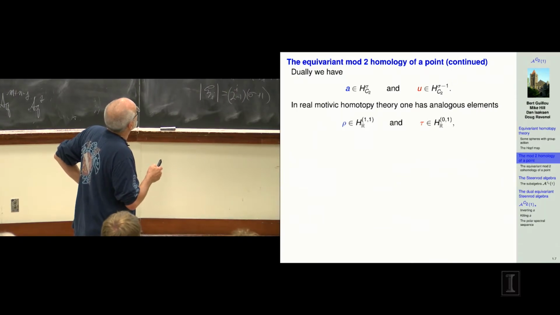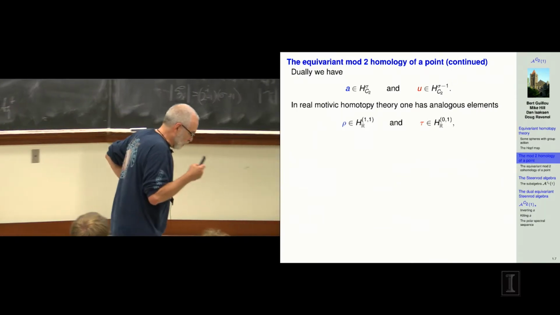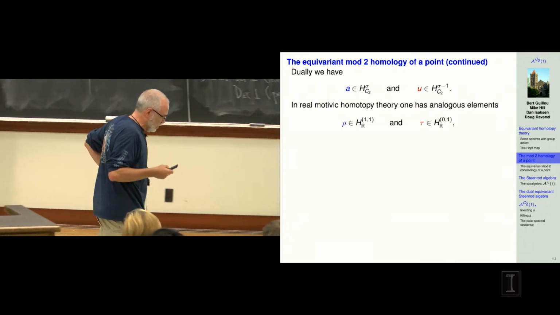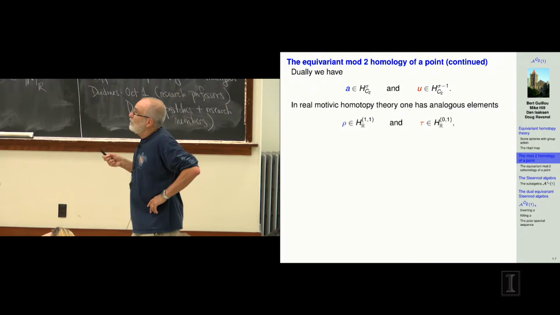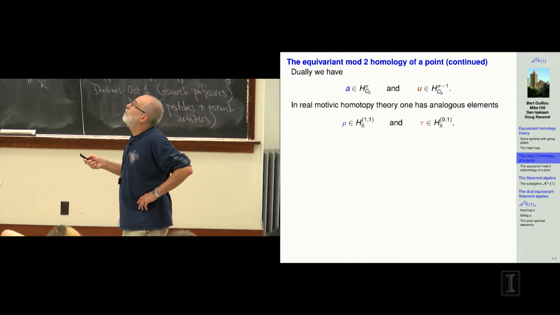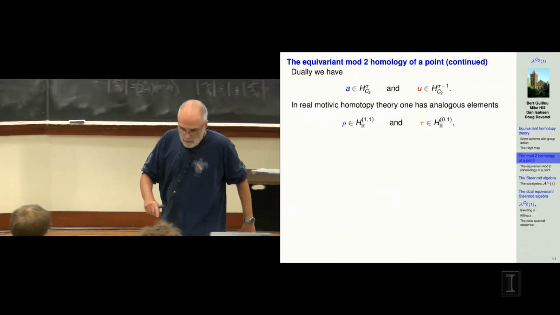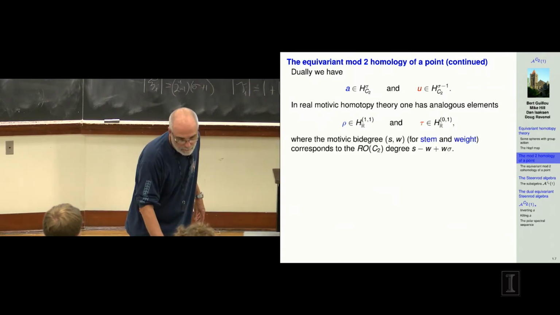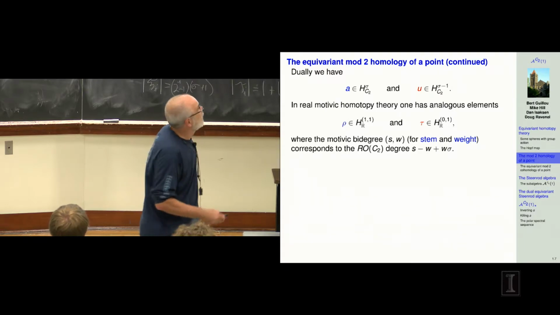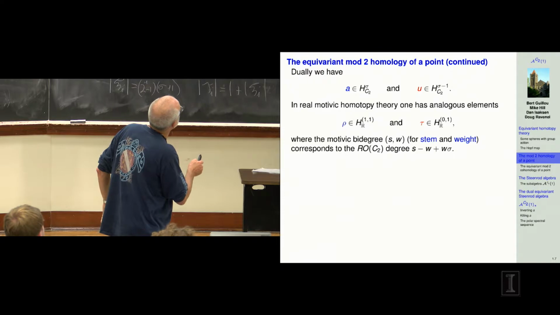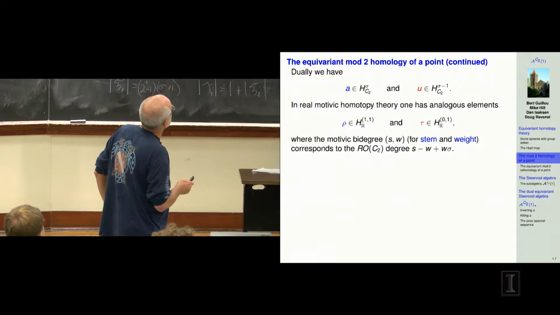See, in the equivariant world, you have things graded over RO(C2), the orthogonal representation ring. The motivic guys like to give everything a bidegree, and there's a rule for translating. The motivic degree is stem and weight, and if the motivic degree is (s, w), that corresponds to this element in the representation ring.